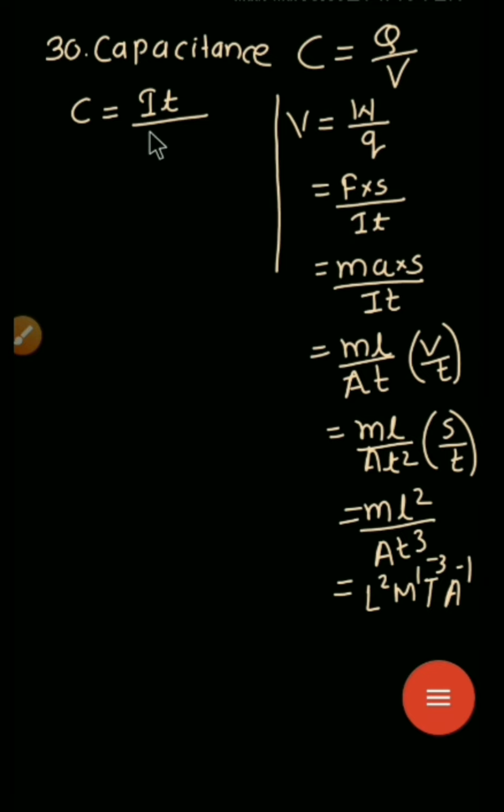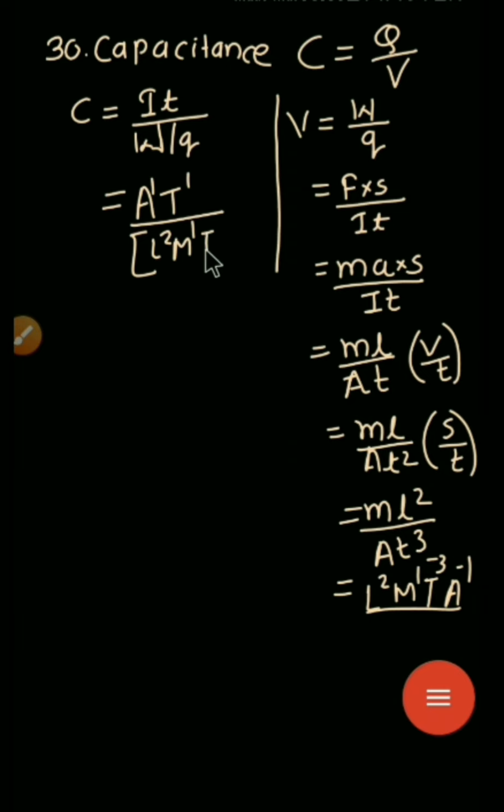So here we can write this directly: potential means work upon electric charge Q, and we solved this and our answer is this. We write I as A1 and T as T1 upon electric potential, which we have solved, and the answer is L2 M1 T minus 3 A minus 1.